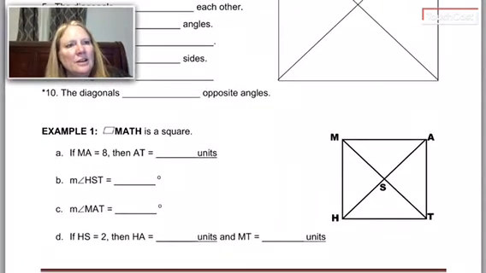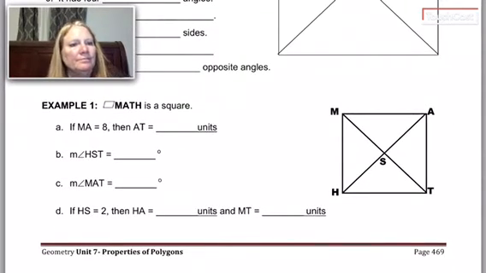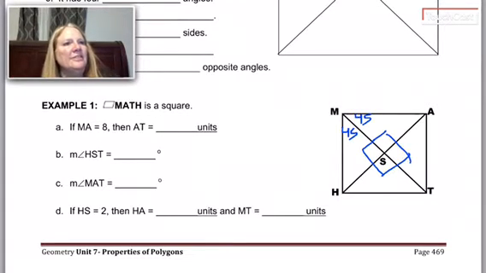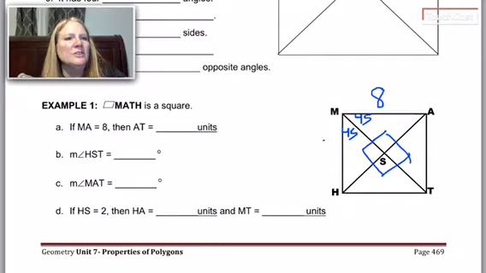Okay, so example 1. We have a square. So again, these are 90. These are all 45. And MA is 8. So this side is 8. Well, it's a square, so all the sides are the same.